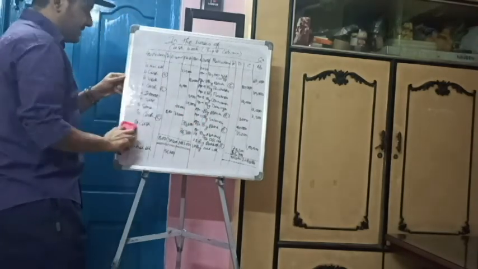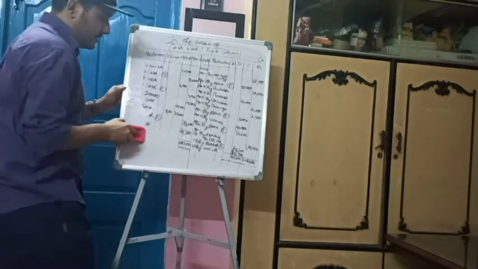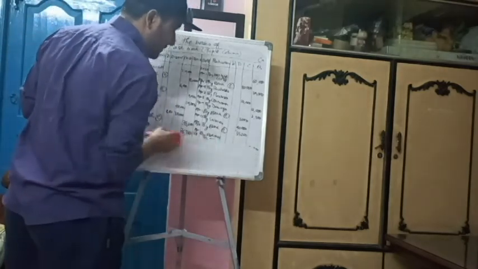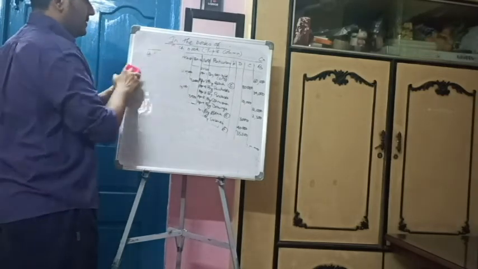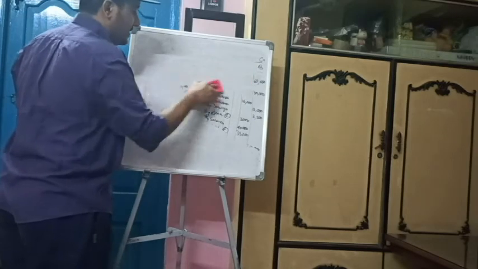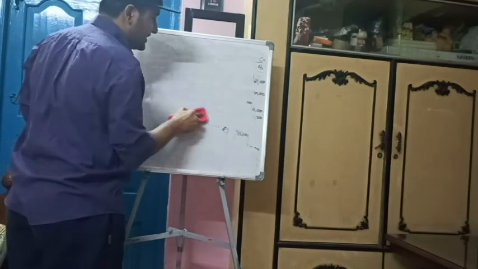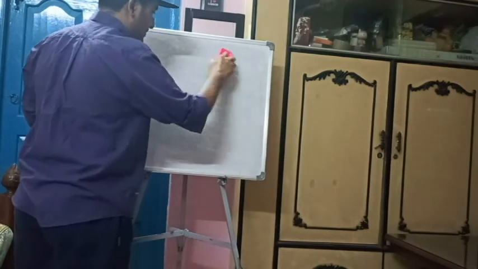Cash book triple column is over. All the entries I have discussed twice, once while doing, once after doing the same. So I hope you have understood the basic concept of the cash book, triple column.